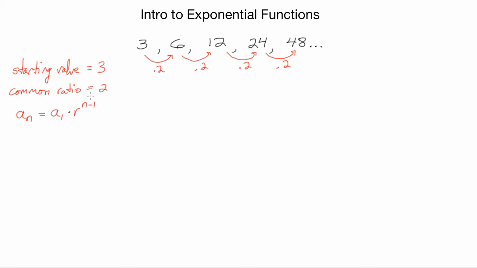We had to know how many r's am I multiplying by, and it was just easier to use exponents. So in this particular example, the formula would be a sub n equals 3 times 2 to the n minus 1 power. That's what we've been learning.